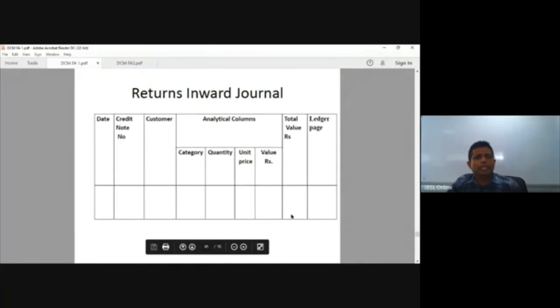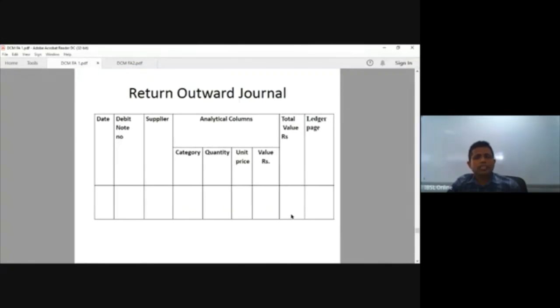Return inward journal and return outward journal. When you have credit purchases and credit sales, if the quality, quantity, variety or brand name does not match your requirement, you can return them, right?